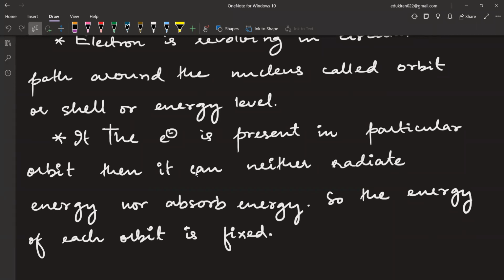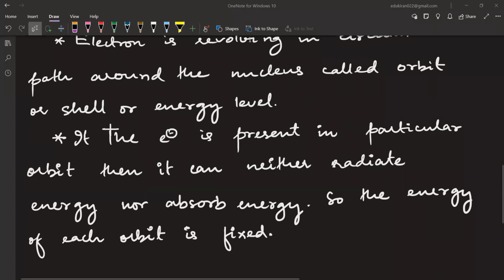I will explain what this means. Done? You wrote this down? Iram and Aisha? If the electron is present, write it.